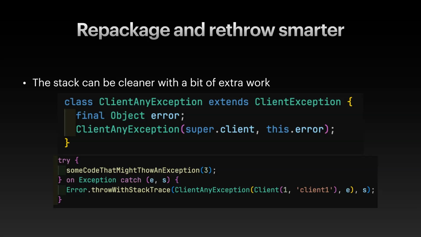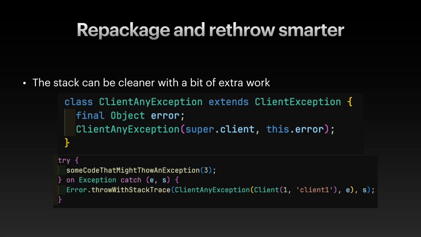We can refine repackaging slightly for potentially cleaner stack traces. Instead of just throw client DO exception, you can use the static method error throw with stack trace. You pass your newly created exception object as the first argument, and the original stack trace from S that you caught as the second argument.